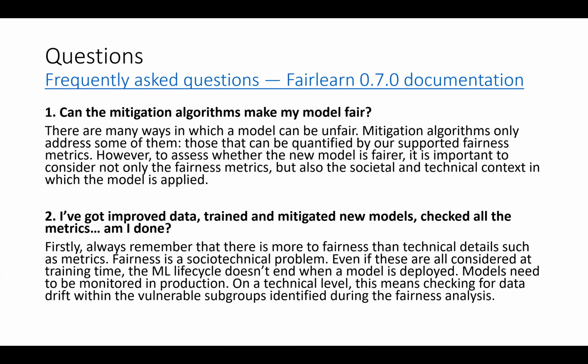So mitigation algorithms are not the only solution to make your model fair. All these techniques are not the only solution. These are just technical tools that can be used. But there is also social bias in collecting data, because humans collect data, and if I am a biased person, I will try to skew my data to be biased.